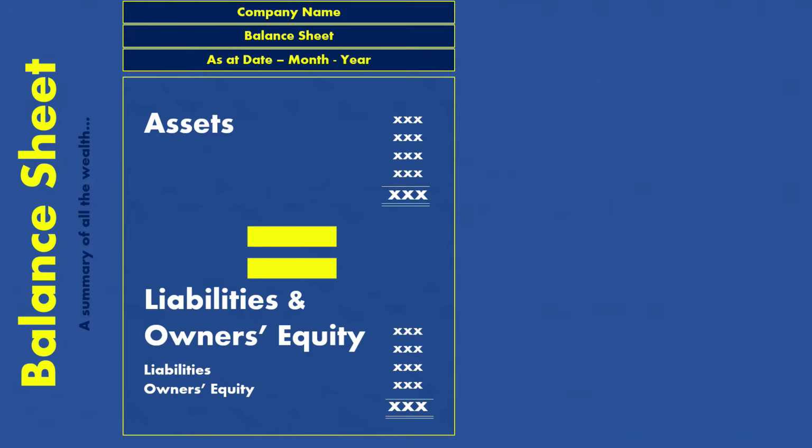Now this is the final structure with one further addition, and that addition will be further split of assets into current and non-current, and same goes for the liabilities.